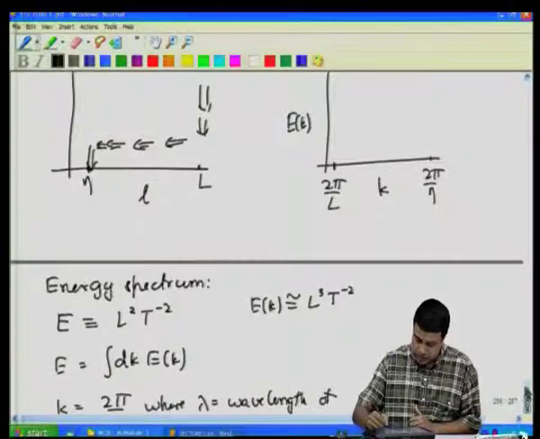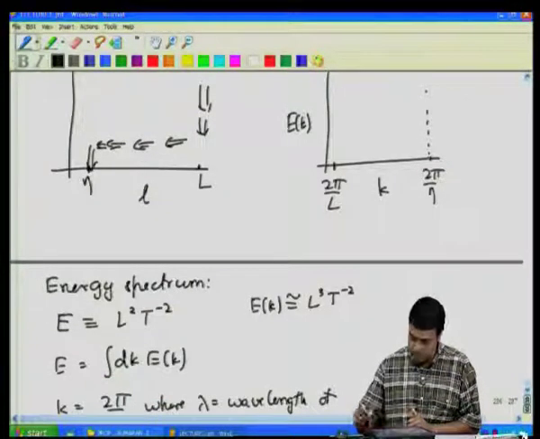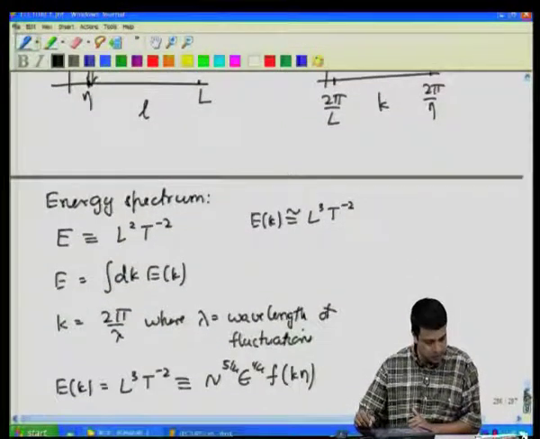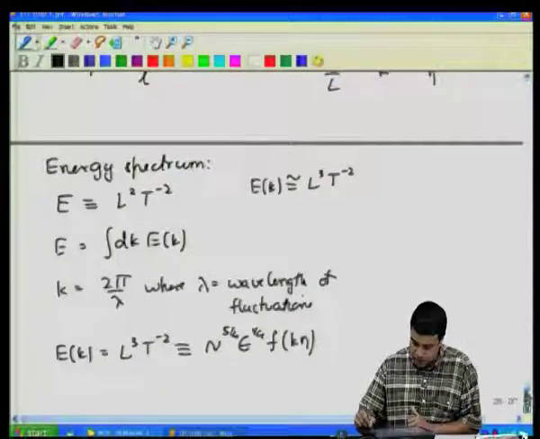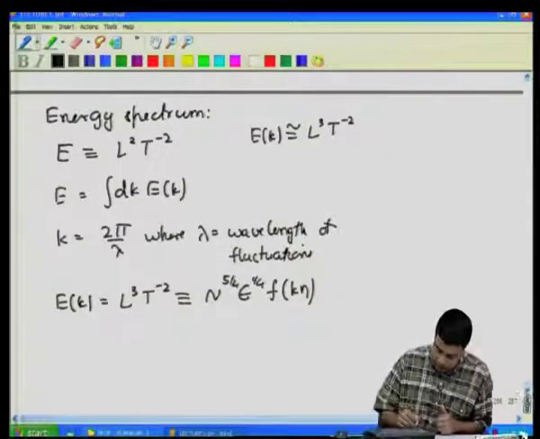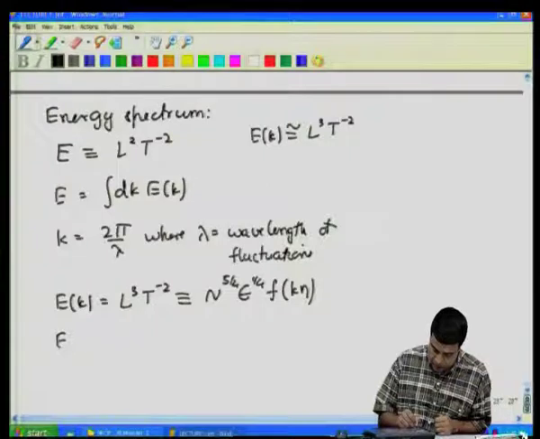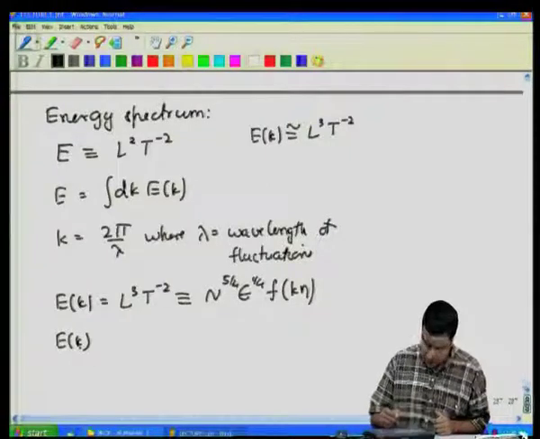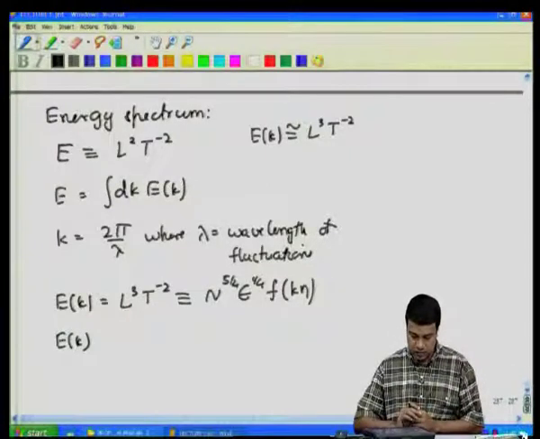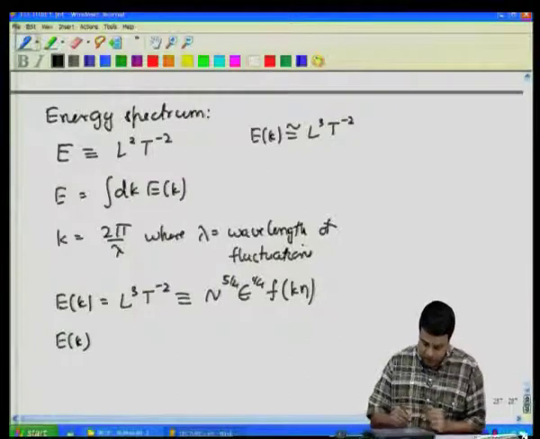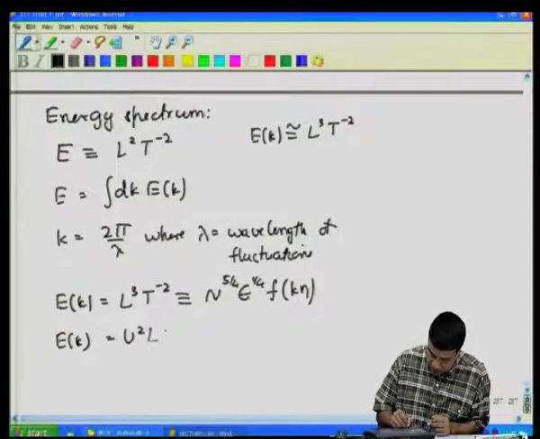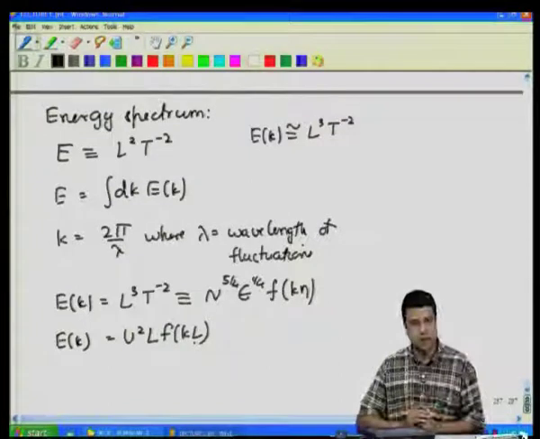At this end of the spectrum, which corresponds to the largest value of k, it has to be some function of nu power 5/4 epsilon power 1/4 times some function of k eta. At the largest scales, of course, it has to scale only as u and L. So, this will turn out to be equal to u square L times some function of k times L. That is at the largest scales.